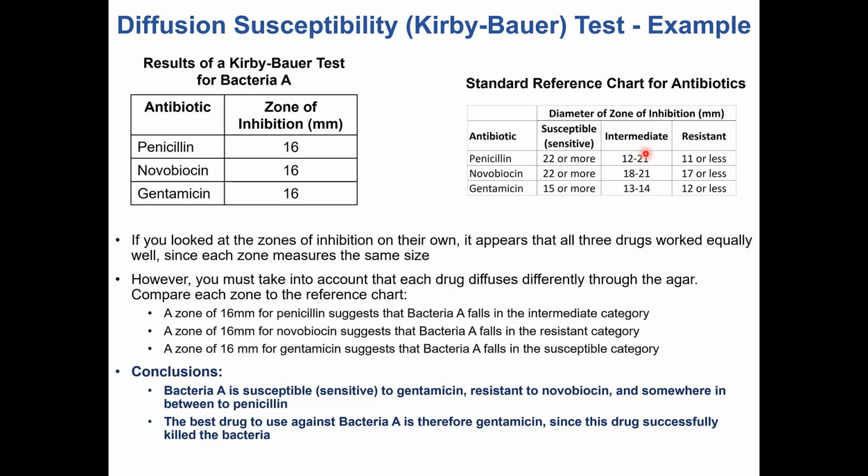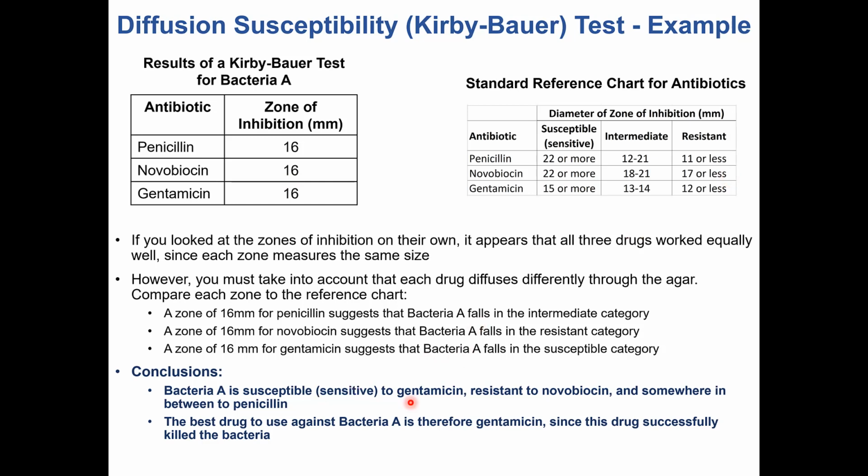Well, what is intermediate? That means that bacteria A has an intermediate response to penicillin, meaning it's not super susceptible, but it's not resistant either. It's somewhere in between.